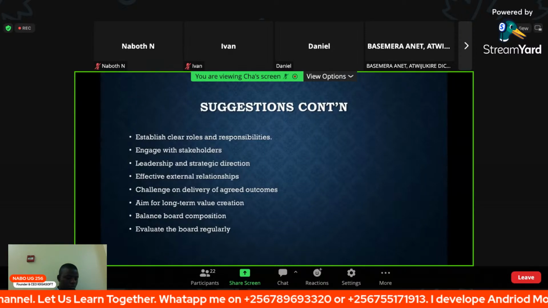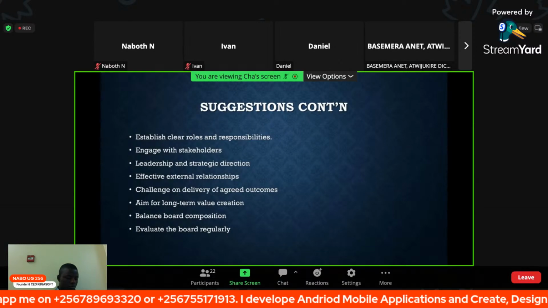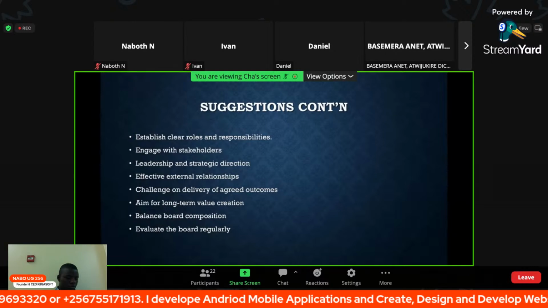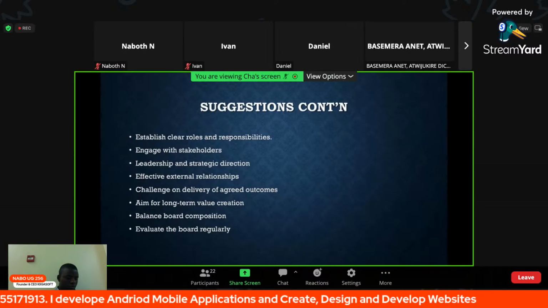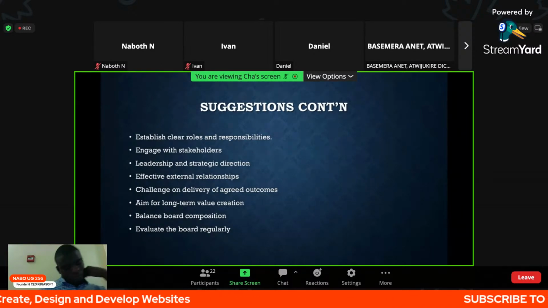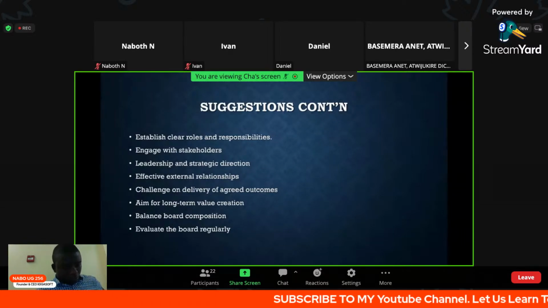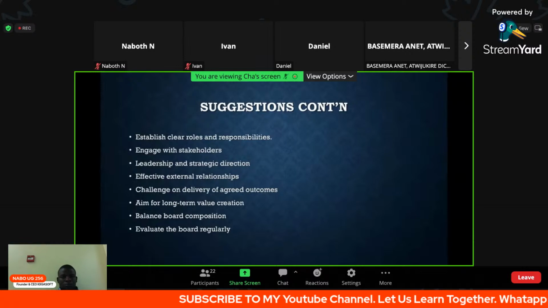Then we should have effective external relationships. External relationships here are with our stakeholders, which means the government, the clients, and so forth.